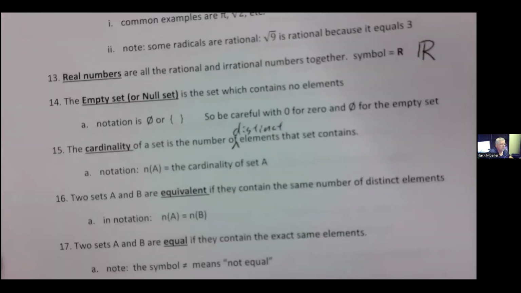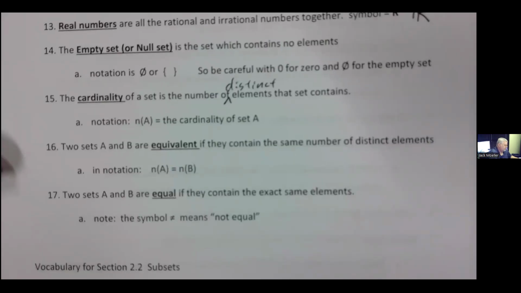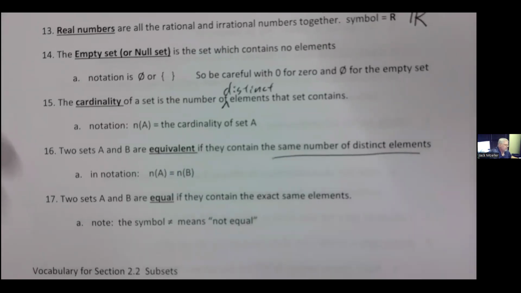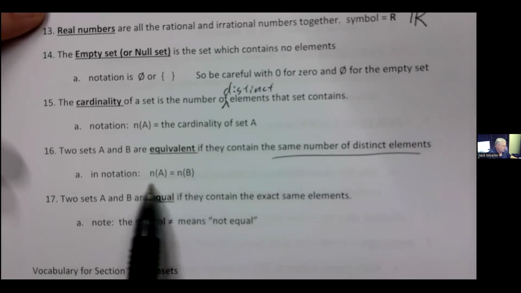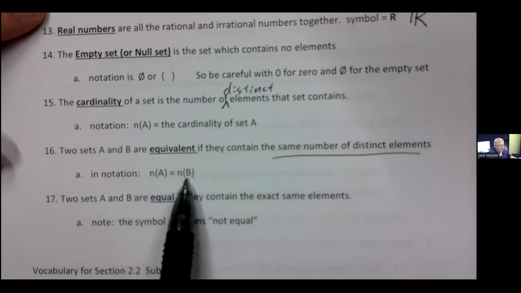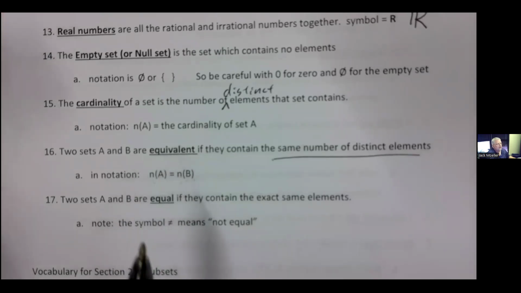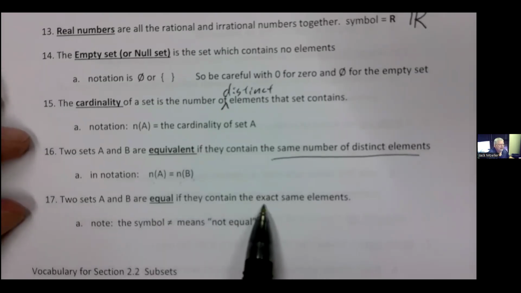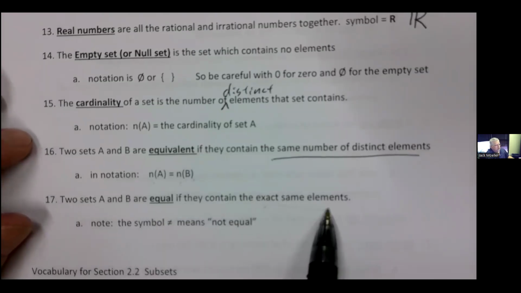So equivalent sets have the same number of distinct elements. Notation-wise, the number of elements in A is equal to the number of elements in B. So equivalent means they have the same number of elements. Equal is stronger than equivalent. Equal says they have to have the same exact elements.